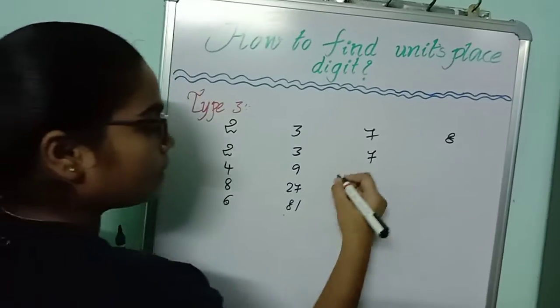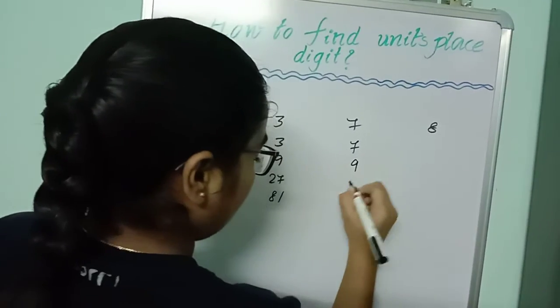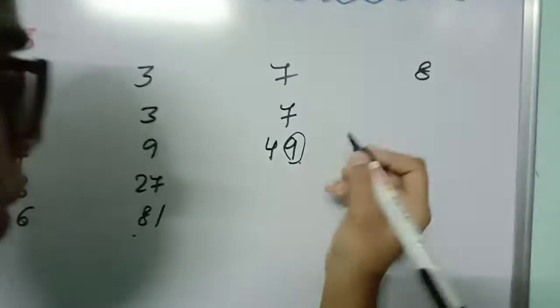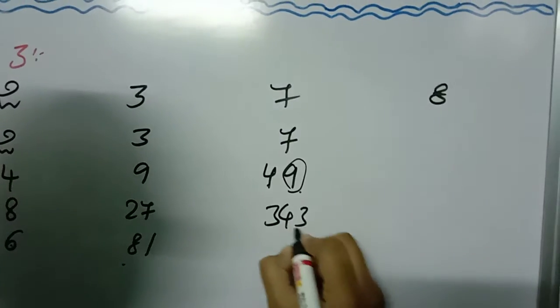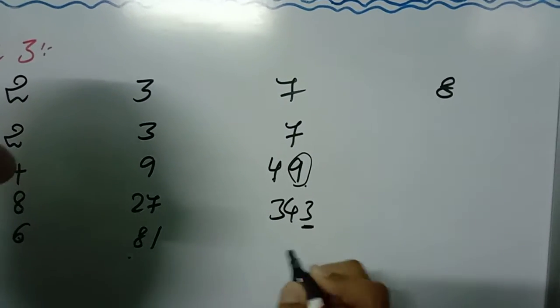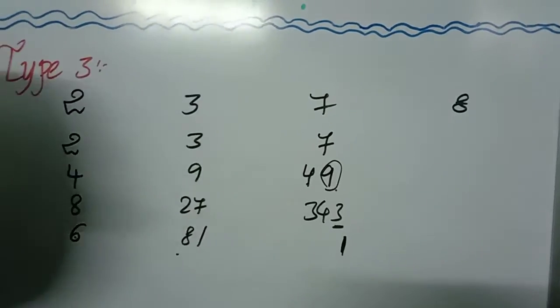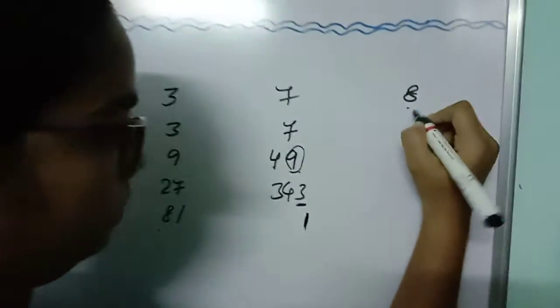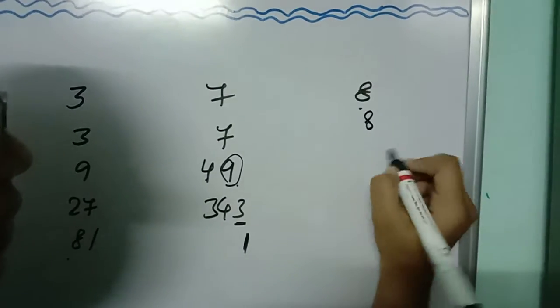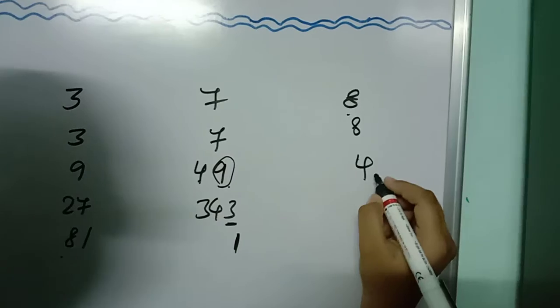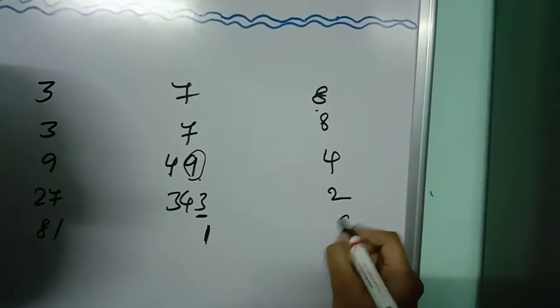7 square is 49, the unit digit is 9. 7 cube is 343, the unit digit is 3. Then 7 power 4, the unit digit becomes 1. Same with 8: 8 square is 64, 8 cube is 512, so the unit digit is 2, and 8 power 4 ends with 6.